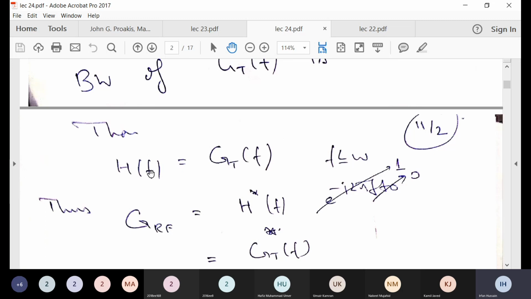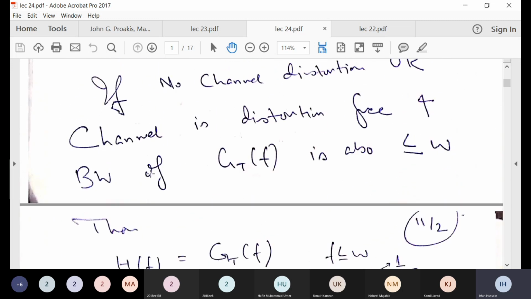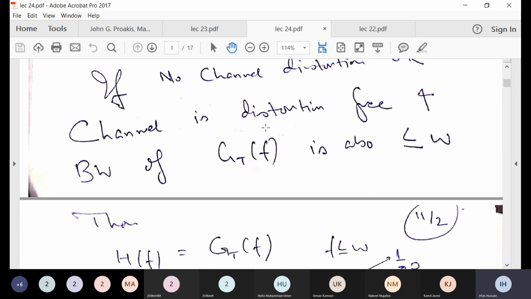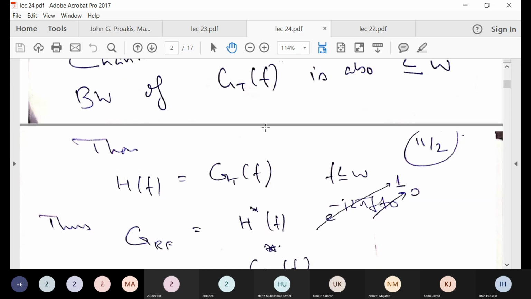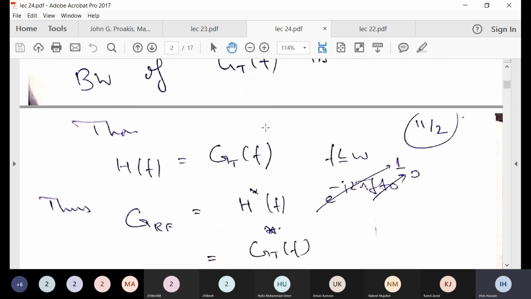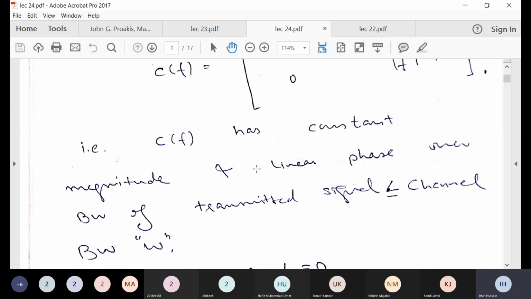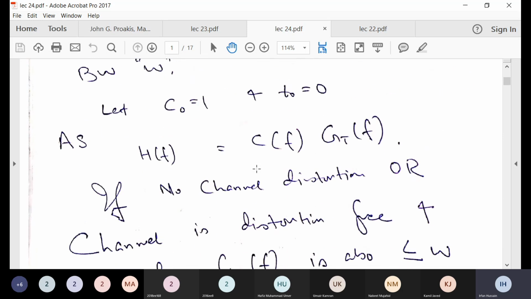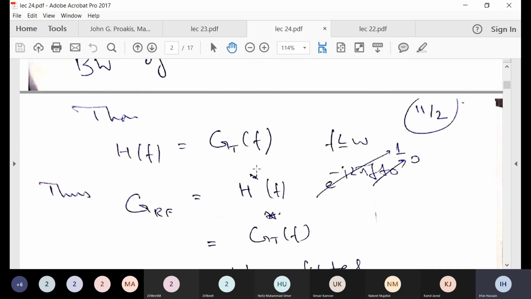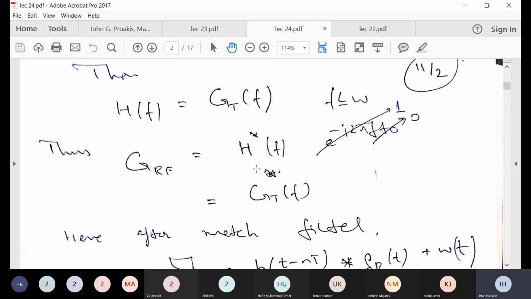So let us say C(f) is 1, so your total H(f) will be now G_T(f). Previously, it was G_T(f) into C(f), but with C(f) equal to 1 and t naught equal to 0, this comes out to be 1, so H(f) comes out G_T(f). G_R(f) is the complex conjugate of the channel response into e^(j2πf t naught).